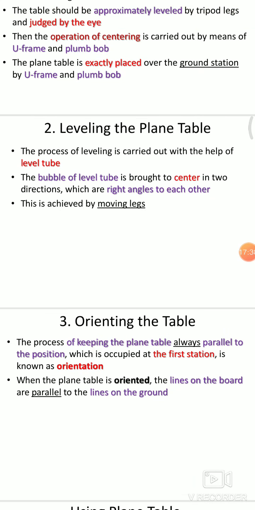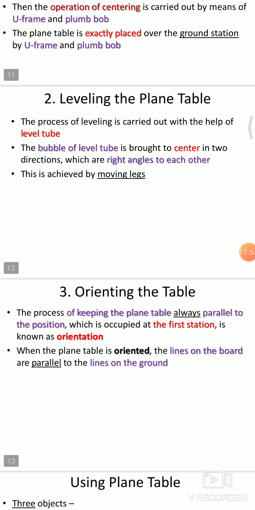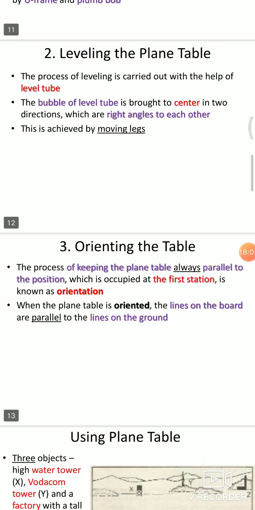How do we identify whether the plane table is exactly level or not? At the four corners of the drawing board, the spirit level shows the water bubble exactly at the center. When the bubble is at the center at all four corners of the drawing board, then the plane table is exactly level.